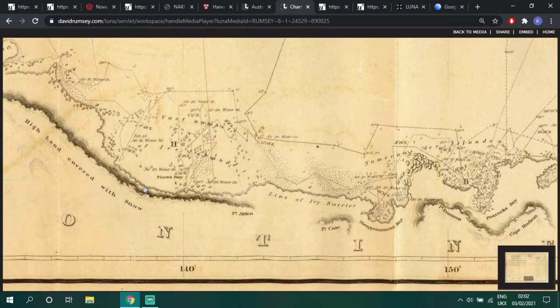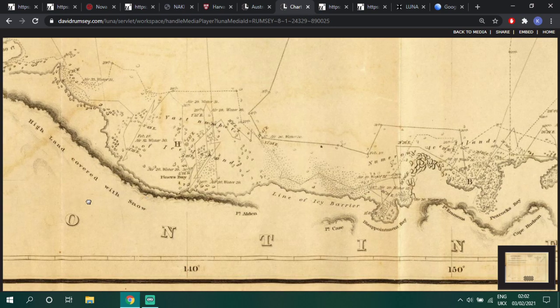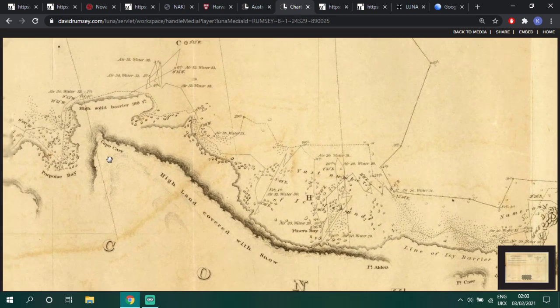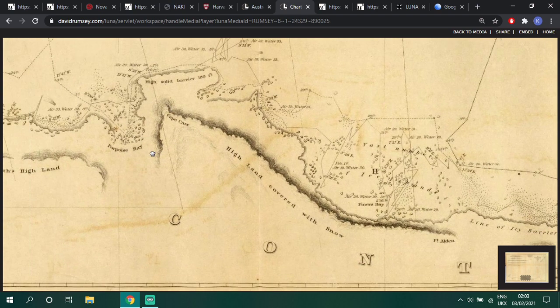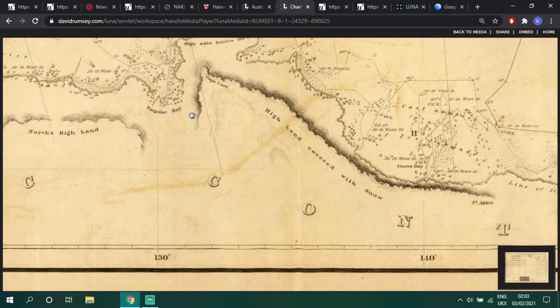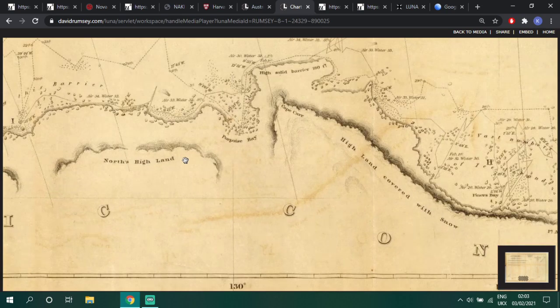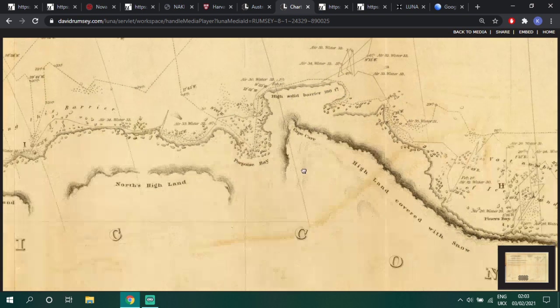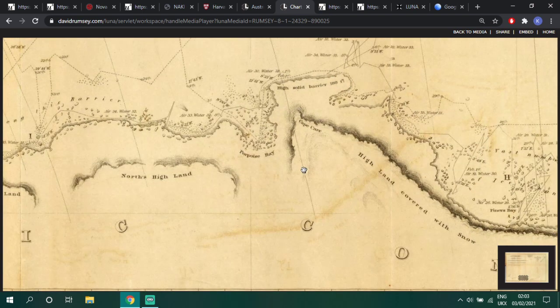And then highland covered with snow. And it comes down. Piopus Bay, North Bay land. High solid barrier, 180 degrees.